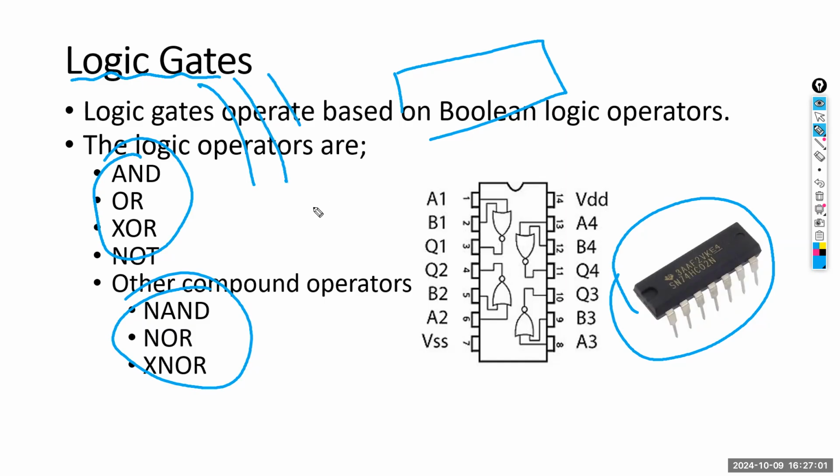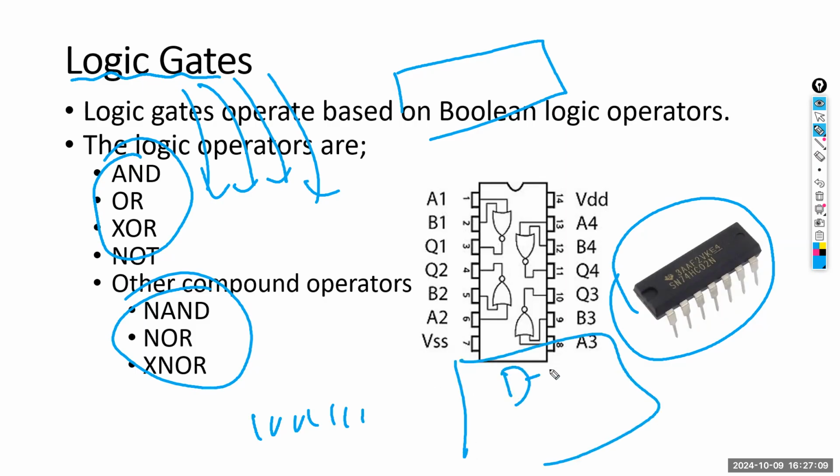But for the time being, remember your data is represented as a set of ones and zeros. And those data go through different gates or circuits consisting of gates. Okay.